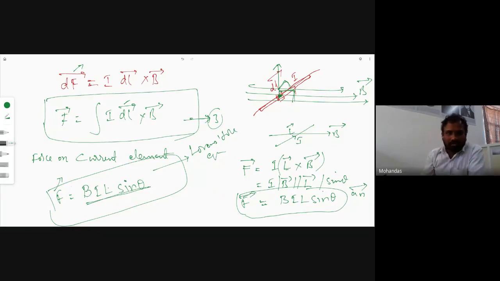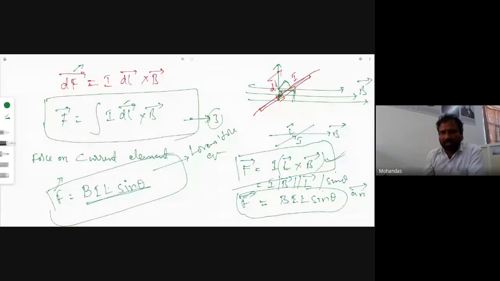So sometimes we can also use this formula, B into I L into sin theta, or F equals I into L cross B. These are the two very important formulas, which are used to find the direction of the force on a particular conductor.